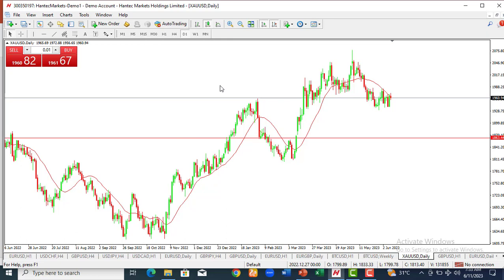How do we know that this market that has been buying for the past 2-3 weeks will soon reverse and start selling, or that a market that has been selling will soon reverse and start buying? So that's the work of this chart formation.